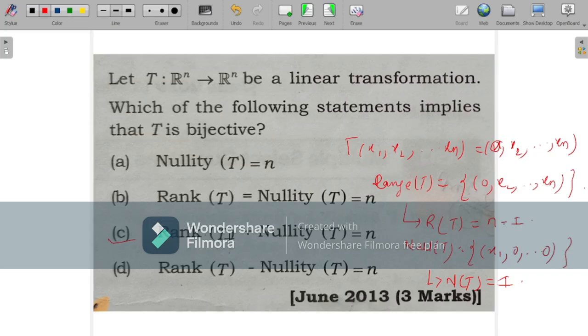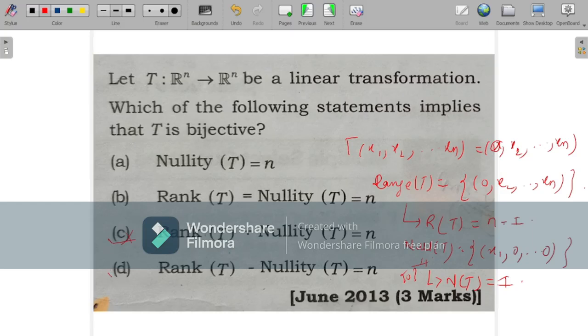Okay, so it is satisfying rank of T plus nullity of T equal to n. But see, this T is not 1-1 as null space of T is not a zero space. So this linear transformation T is not 1-1, so it cannot be bijective. So the third option is also wrong.